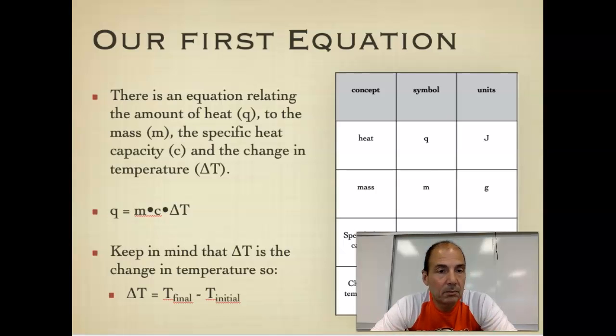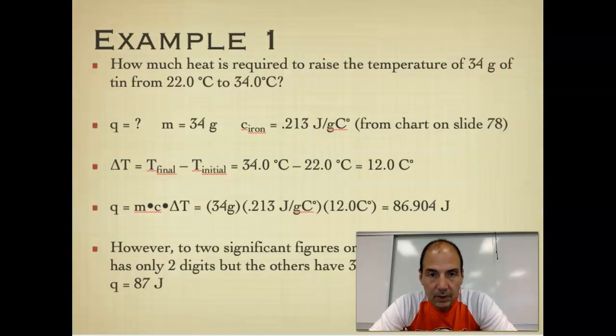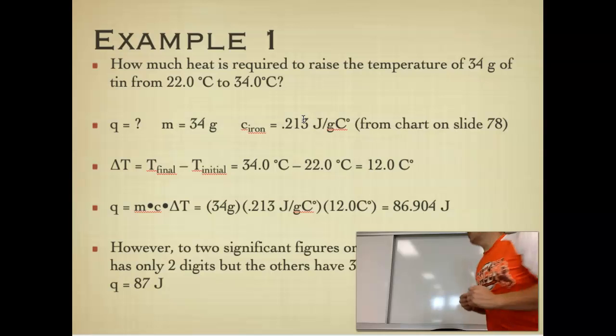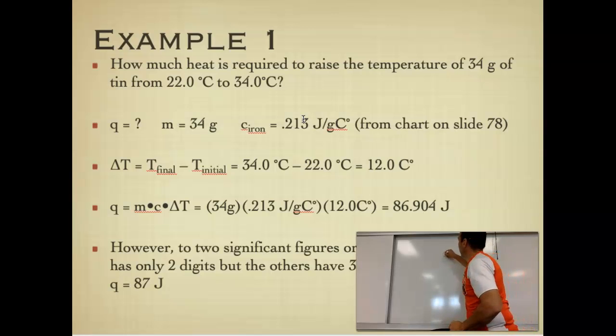Let's talk about some problem solving and how to go about some of this stuff. So example 1: how much heat is required to raise the temperature of 34 grams of tin from 22 degrees Celsius to 34 degrees Celsius? One of the things I expect you to do when we are problem solving with equations is to write out your givens and your unknown. I tend to tell my students to use the GUESS method.